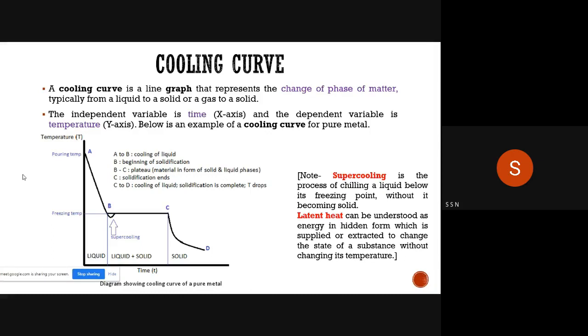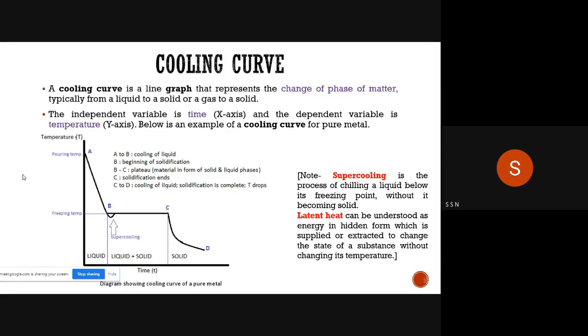At point B, sometimes the temperature goes beyond point B, and that is why we are calling it as a super cooling. So super cooling is the process of chilling the liquid below its freezing point without it becoming a solid.